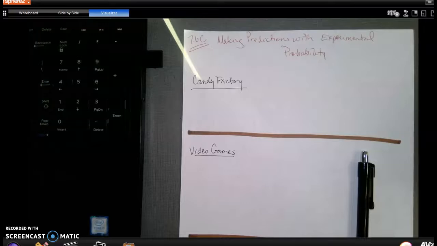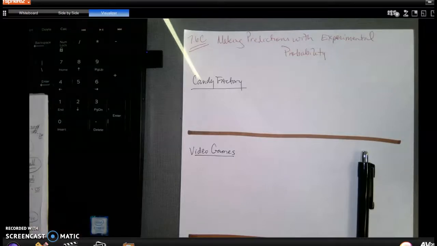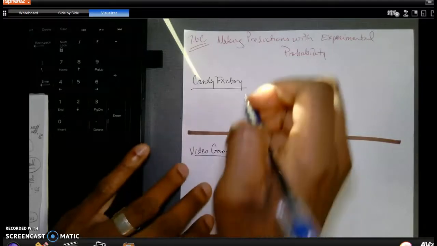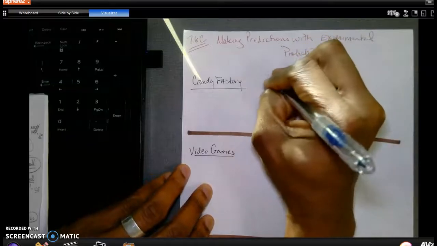The first example that we're going to talk about would be at a candy factory. We may or may not know, but when food is being manufactured, sometimes there are defects, and at times they have to throw out certain things because they don't meet the quality standards of that company. What if we had the Snickers factory?